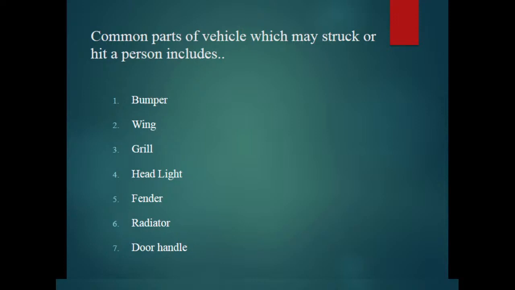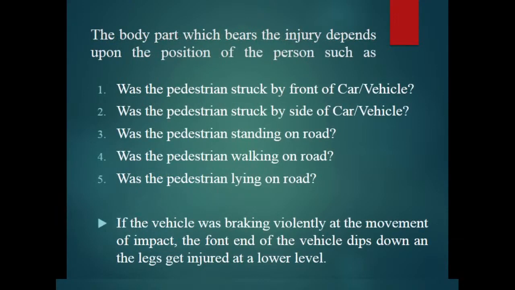Is it direct or tangential? The body part which bears injury depends on the position of the person. It depends on whether the pedestrian was struck by the front of the car or the side of the car, and whether he or she was standing on the road, walking on the road, or lying on the road.